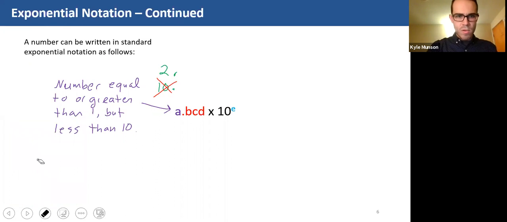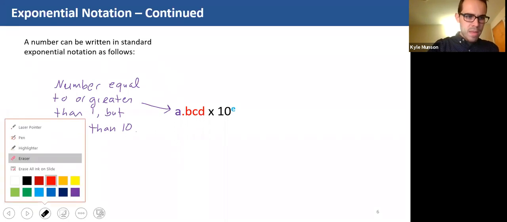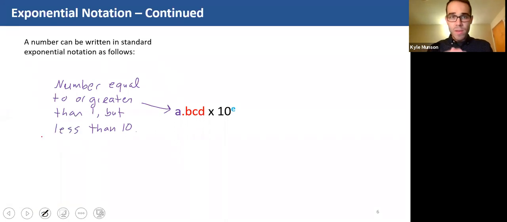You can put that down in your notes, but just to give myself a little bit of extra room, I'm going to erase them. Now, B, C, D, these are the numbers that are after the decimal place, okay? And you can have any number of digits after the decimal place here, all right?